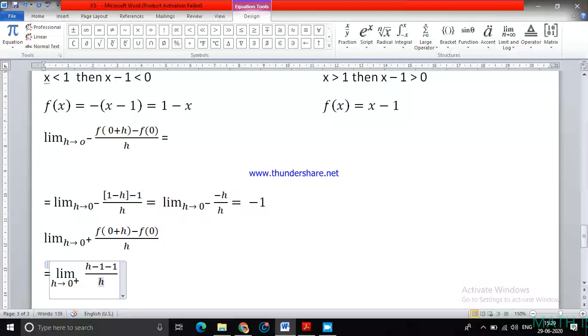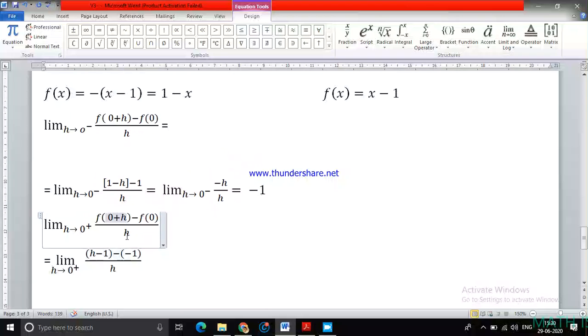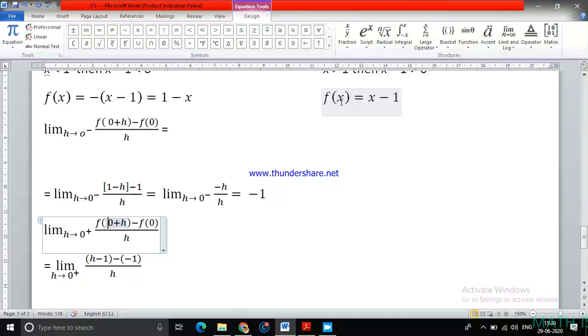So minus of minus 1 will come. Sorry, f of 0 is minus 1, so minus of minus 1 will come here. Let me put one bracket here so that it avoids confusion of negative signs. How do you find f of 0 plus h? f of x is x minus 1.